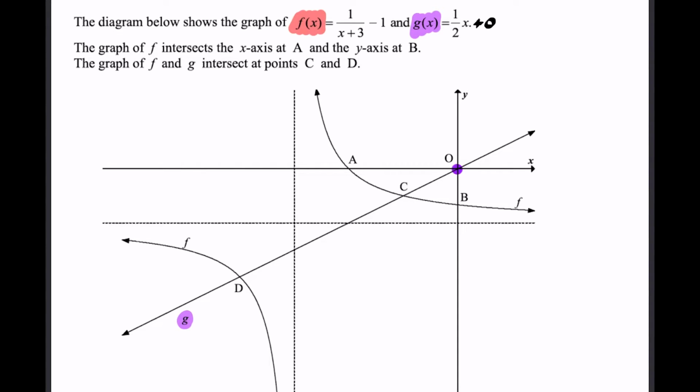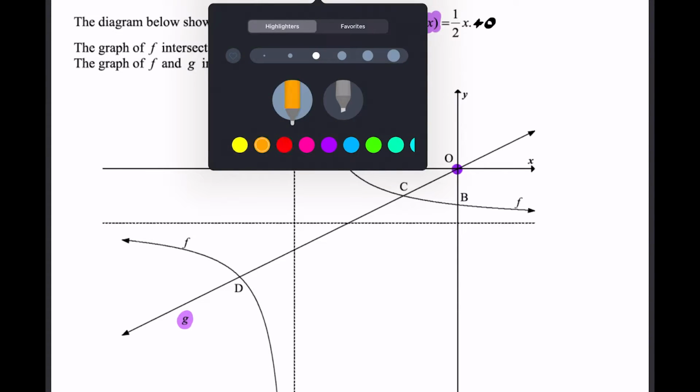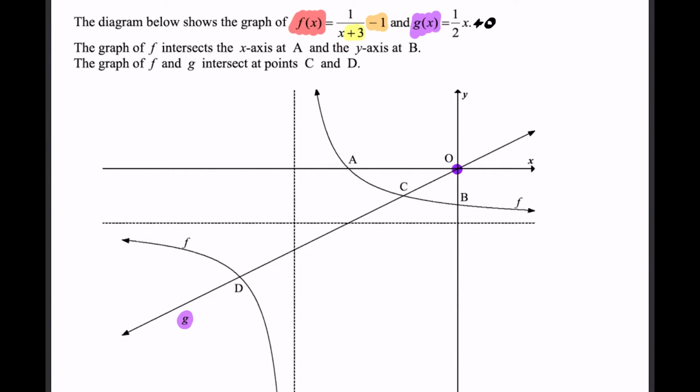If I'm looking at my hyperbola equation, I can take information straight out of that equation. So I have plus 3 and I have minus 1. The plus 3 is my p-value, so the p-value there is the positive 3. That represents my vertical asymptote, which is the asymptote that goes up and down.